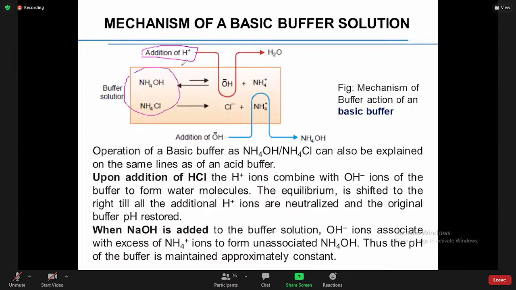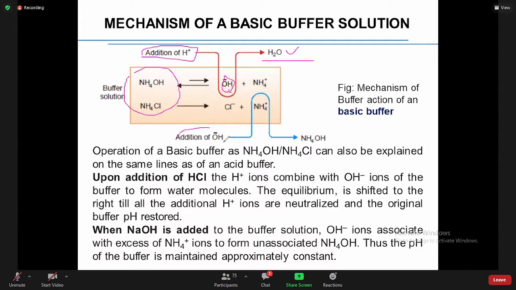It reacts with hydroxide ion and forms water. It is common that water has neutral pH, so it will not increase the pH in the buffer solution, right?